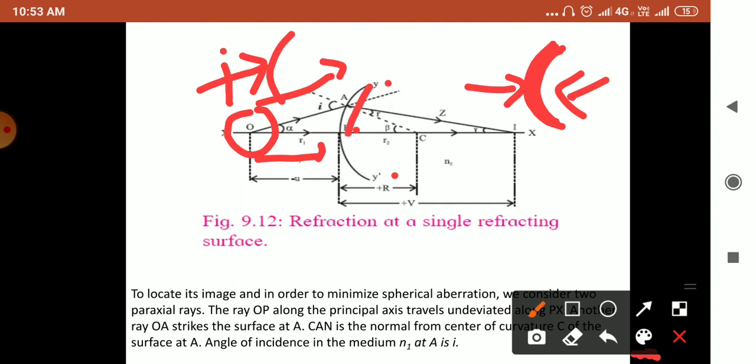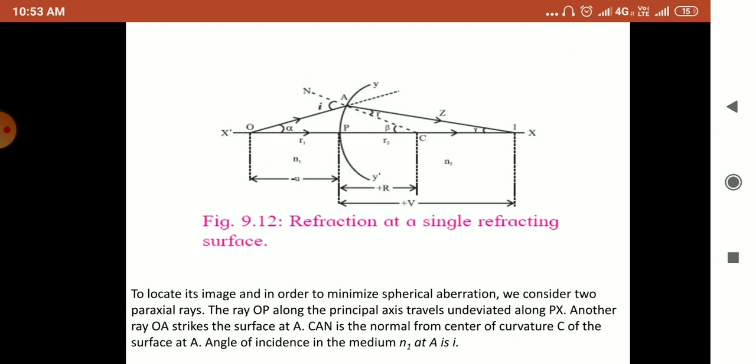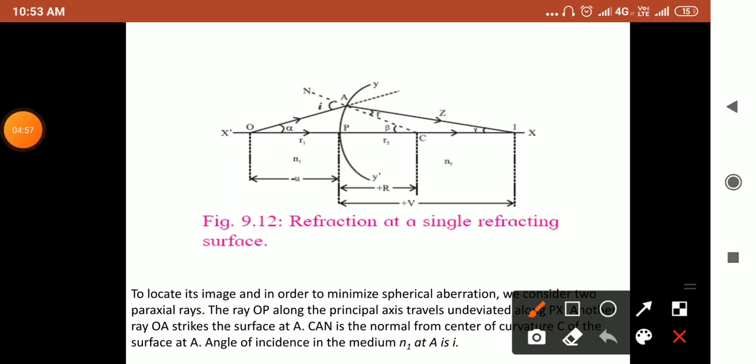So we have to consider this as a convex surface. So everyone got that? How we have to decide concavity or convexity? According to the incident ray, from the side where the object is present, you have to consider its curved surface.